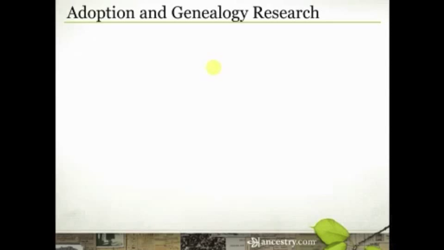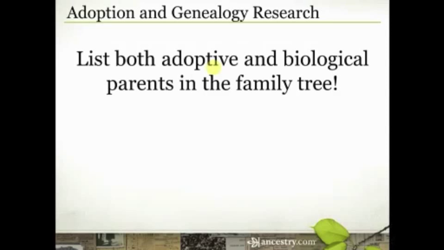Just a couple of things in closing as we wrap up here. One of the questions I get asked all the time is, well, who do I list as the parents in the family tree? Do I list the adoptive parents or do I list the biological parents? And the answer to that question is yes. You list both of them. There is, both on Ancestry trees and in Family Tree Maker, a relationship status.